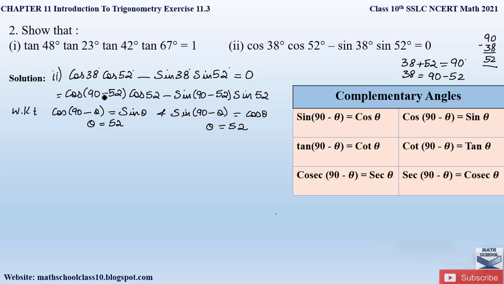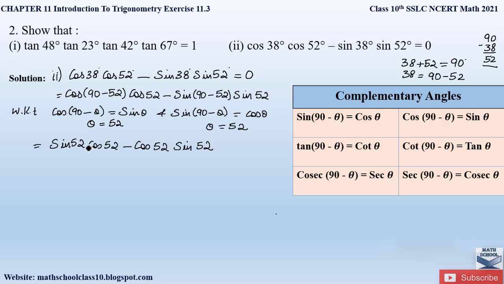So instead of cos 90 minus 52 we are going to write sin 52, and instead of sin 90 minus 52 we are going to write cos 52. So cos 90 minus 52 is sin 52 into cos 52, minus again sin 90 minus 52 will be cos 52 into sin 52.